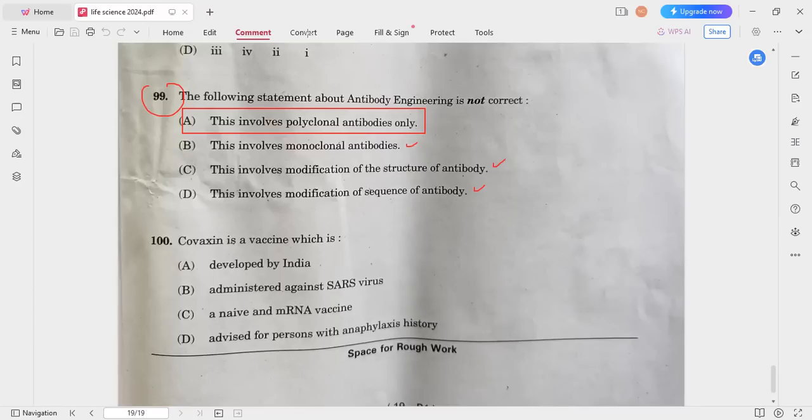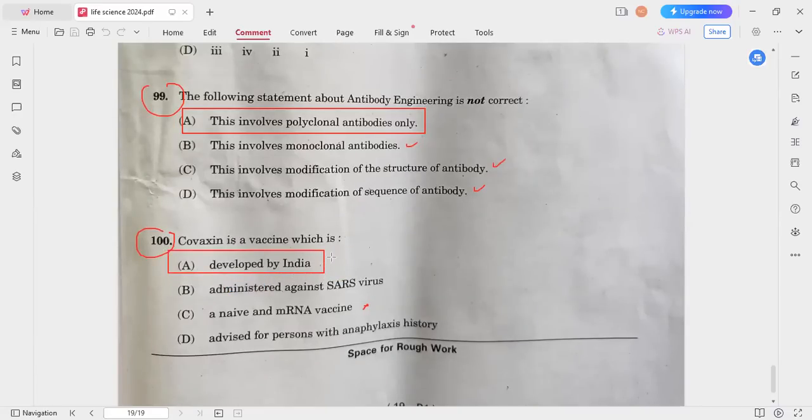The last question is related to COVID-19, that is the COVID vaccine. Covaxin is a vaccine, option A, developed by India; administered against SARS virus, no; mRNA vaccine, no; advised for persons with anaphylaxis, no. So option A is the correct answer, developed by India.